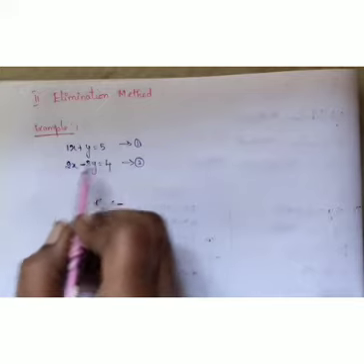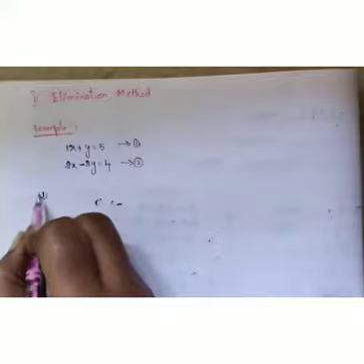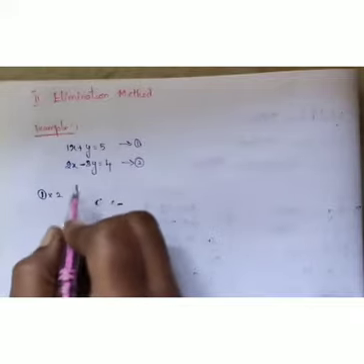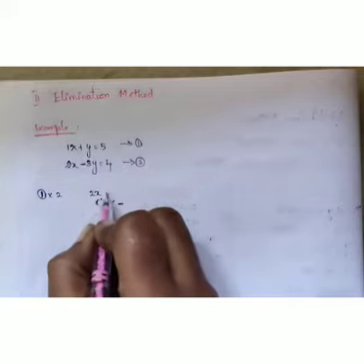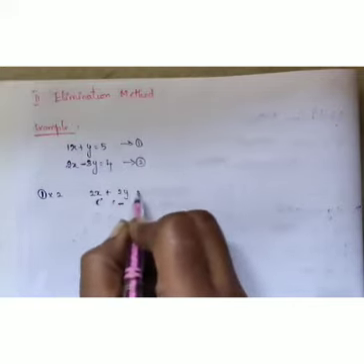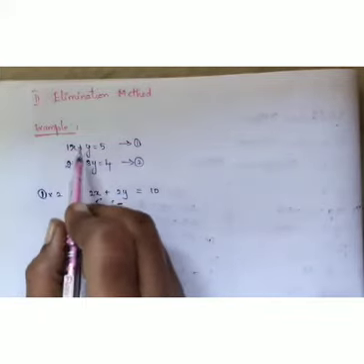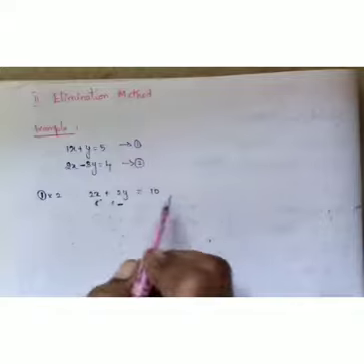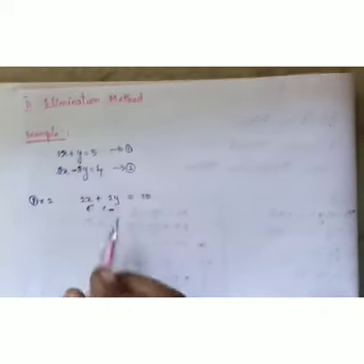So the first equation I have to multiply by 2. If I multiply, what will happen? 2x plus 2y is equal to 10. I have to multiply every term, on both sides of the equation.